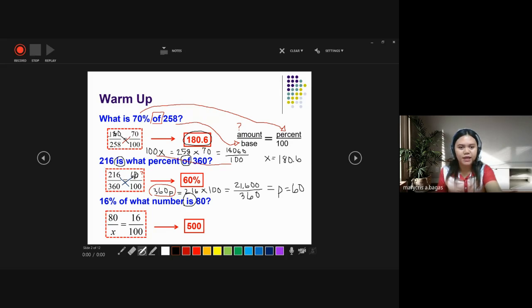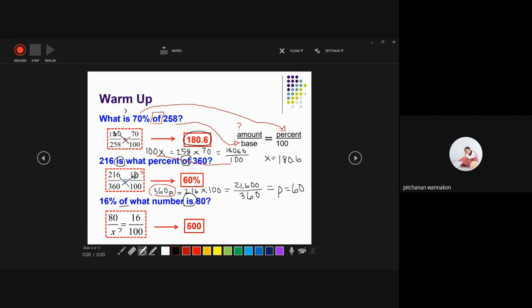So here, what is... Oh, no. Base. We're looking for the base, because we have here "of what".